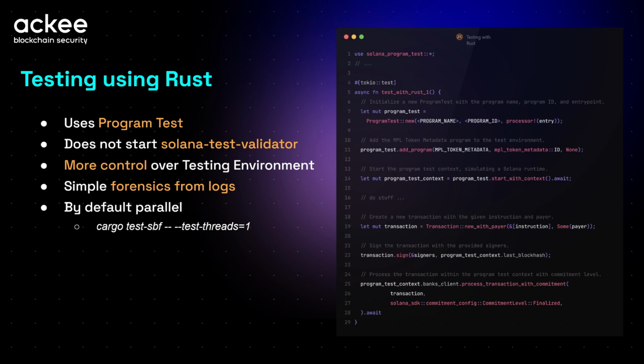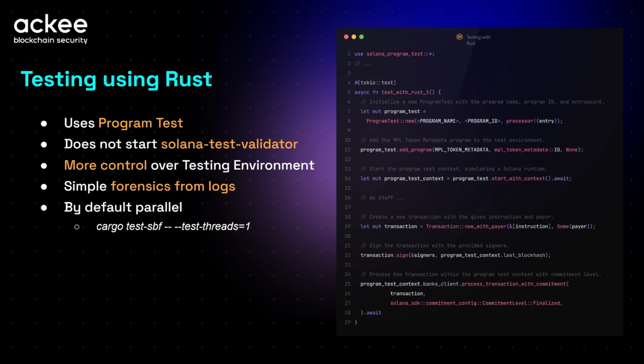There is a second option that you can use to test the program using Rust, which is not included here, and it's called Anchor. Anchor has its own crate called Anchor Client. You can use it also with Rust. I personally do not have much experience using this approach, so I did not include it here.